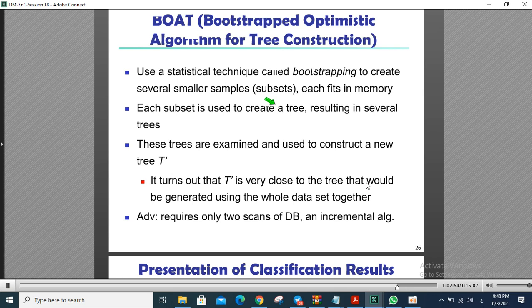So we have several trees, and then according to those trees we construct a new tree. This new tree is very close to the past trees. I can say that the new tree is a resultant of the past trees.